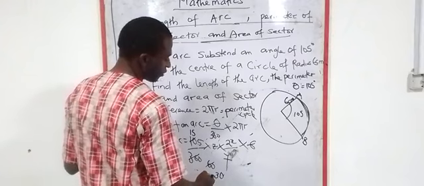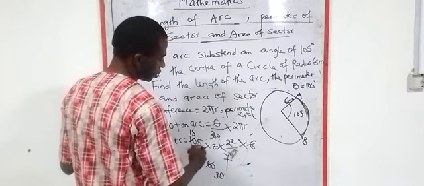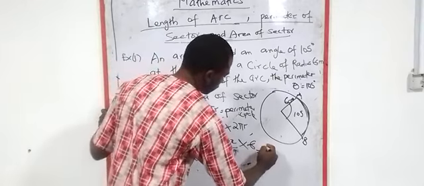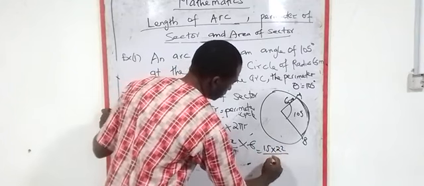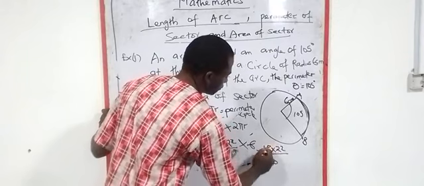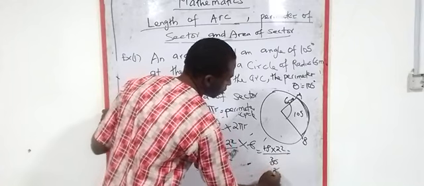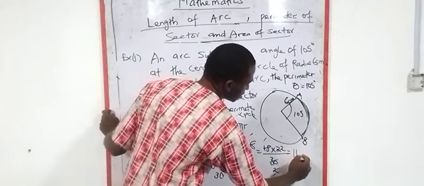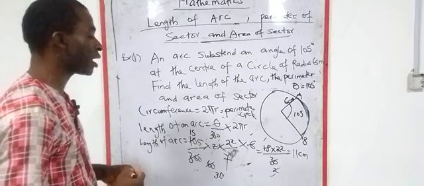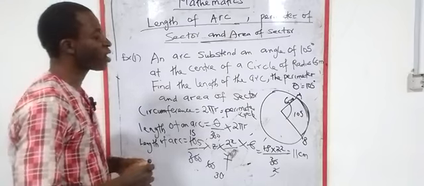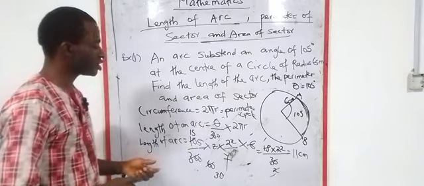What I'm now left with is 15 times 22 over 30. 15 will go into 30 2 times. So when we do that, 2 here 1, my answer is actually 11 centimeters. So the length of the arc is 11 centimeters.